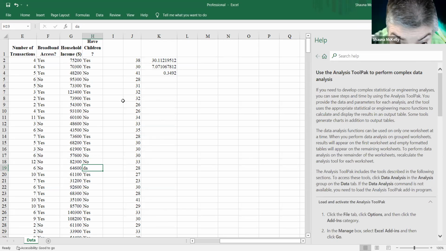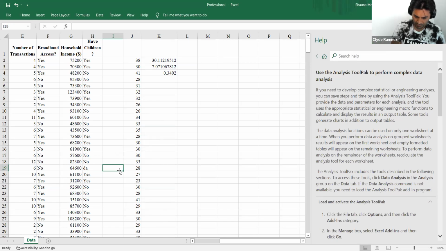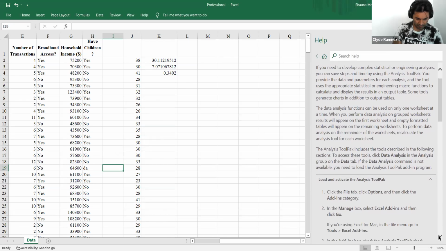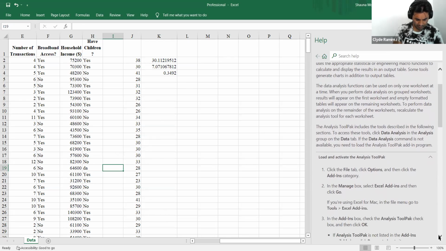Let's see. Okay, and then you click go and then tools, add-ins.